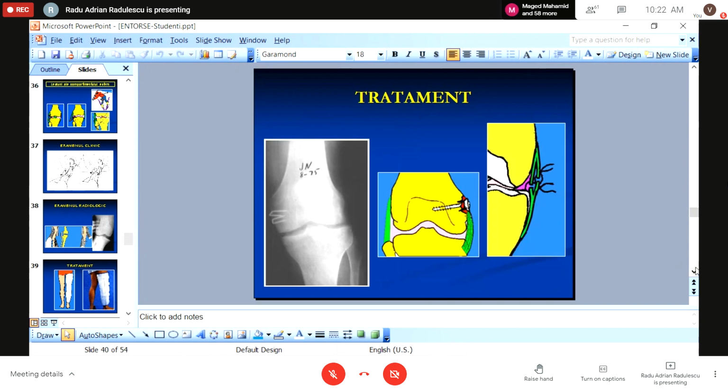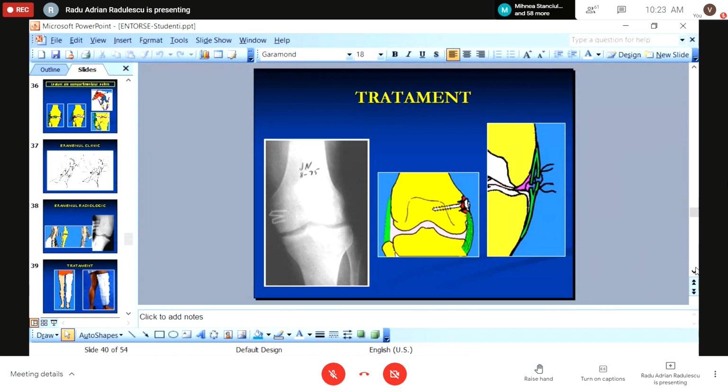The attitude will be different if, in addition to the lesion of the medial collateral ligament, we have also other lesions. Like I've mentioned the triad, for example, so lesion of the meniscus or of the cruciate ligament or of the posterior capsule or whatever other soft tissues will be around the knee.